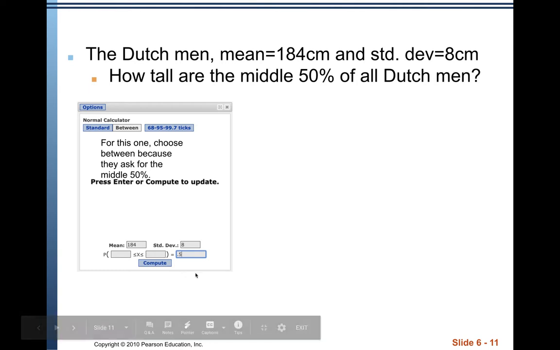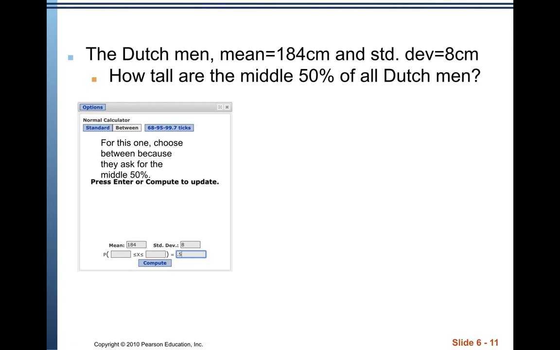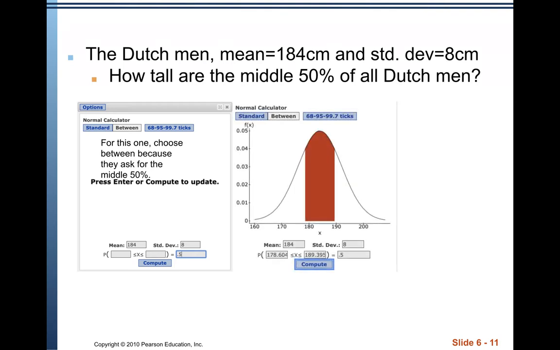And notice I put 0.5 for 50% after the equal sign. And the cool thing about StatCrunch is if I hit compute, it gives me those answers. So it's between 178 and 189. The middle 50% of Dutch men are between 178 and 189 centimeters tall.